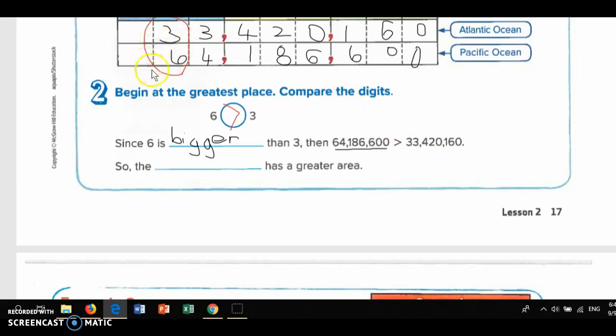So if we can see one is bigger than the other one, then we don't have to look at the rest. We only look at this.